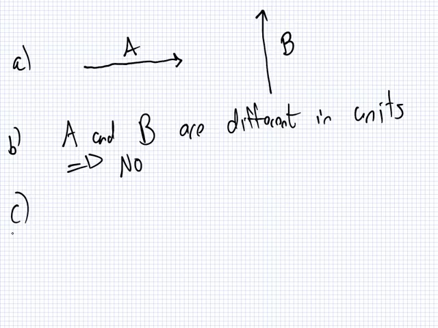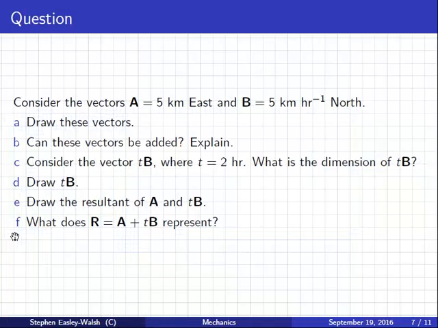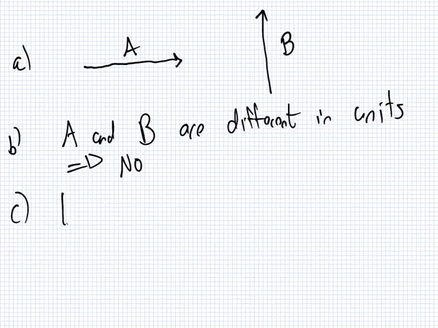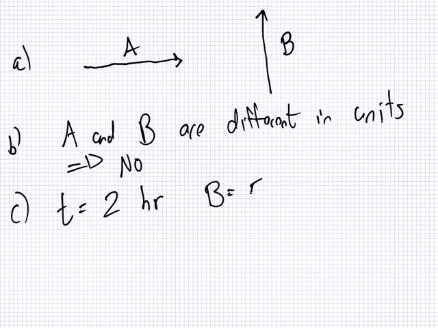Fair enough. C. T is 2 hours. What's the dimension of TB? So I want to know not what is TB, just what's its dimension. So T is 2 hours. B, remember we said, is 5 kilometers per hour north.